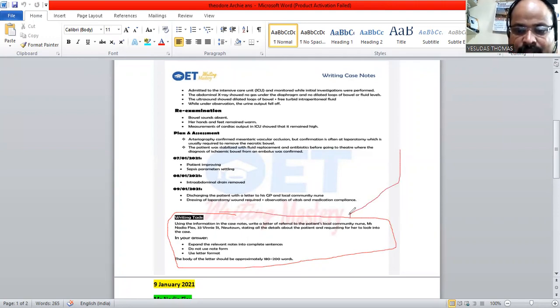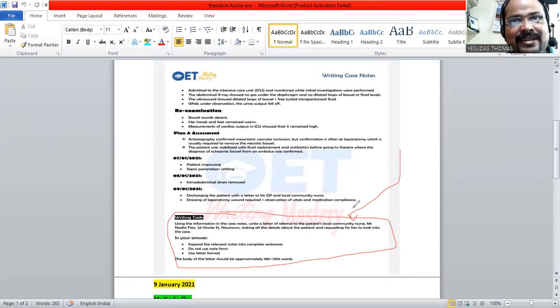So you know that this is a known case, because it is the local community nurse of the patient. So we have the background information known. The local community nurse knows the background information, the social background and past medical history, all these things.